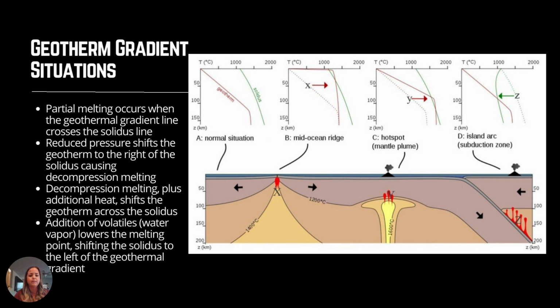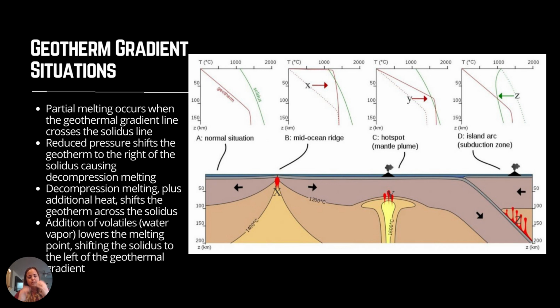So looking at some of the different plate boundaries. In a normal situation, we have the geotherm that dips in a pretty steady orientation until it gets about 150 kilometers deep and it starts to curve a bit. But in a mid-ocean ridge, we see that rocks start to melt a lot closer to the surface.